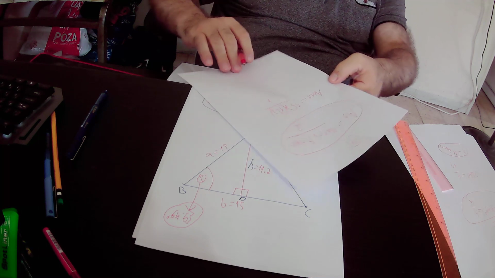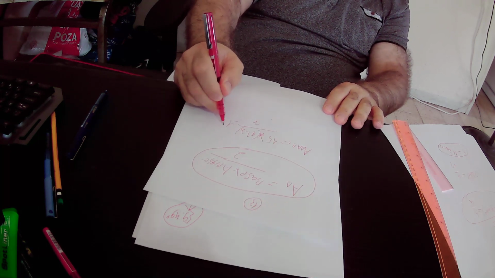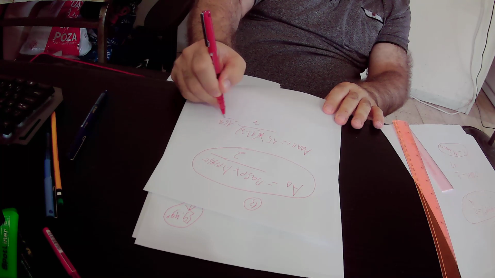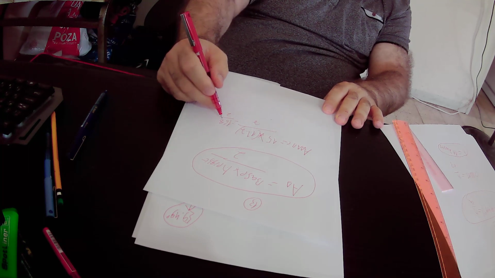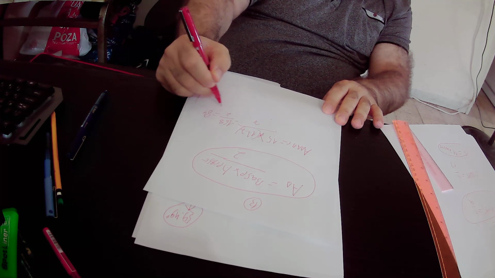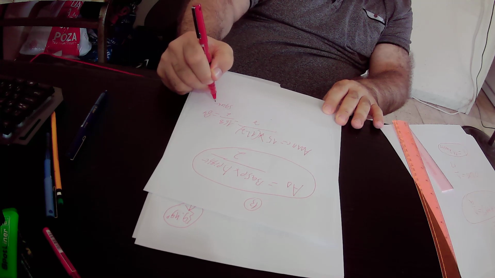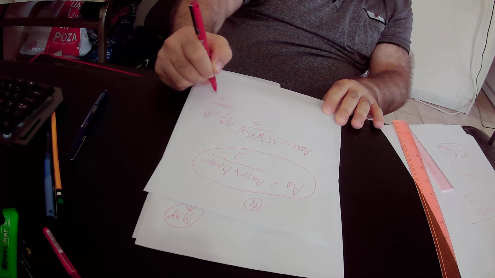And 15 times 11.2 is 168 over 2, and 168 over 2 equals 84 square units.